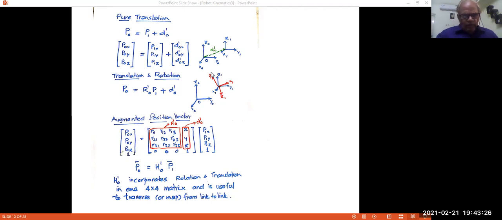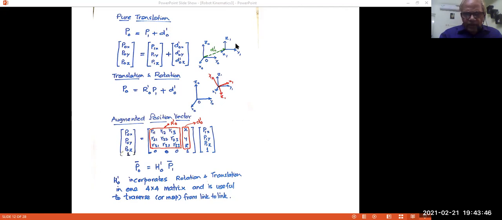Now coming to translation, suppose pure translation, meaning suppose there is a frame, its origin is translated to position 1, and we'll call that the distance d1 0. It's a vector expressed with reference to frame 0, and it has no rotation.